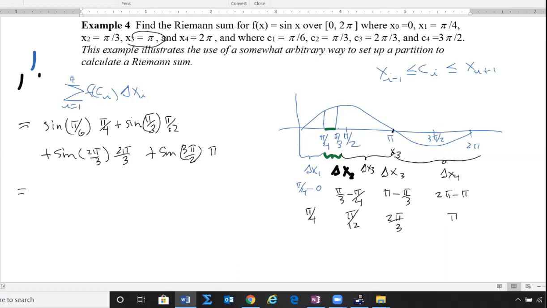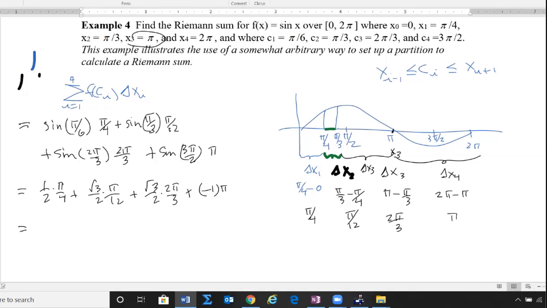Now sine of pi over 6 is a half, times pi over 4, plus sine of pi over 3, which is root 3 over 2, times pi over 12, plus sine of 2 pi over 3, which is root 3 over 2, times 2 pi over 3, plus the sine of 3 pi over 2, which is negative 1, times pi. So I think we could get this together.